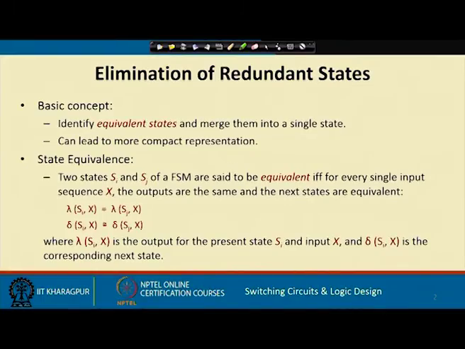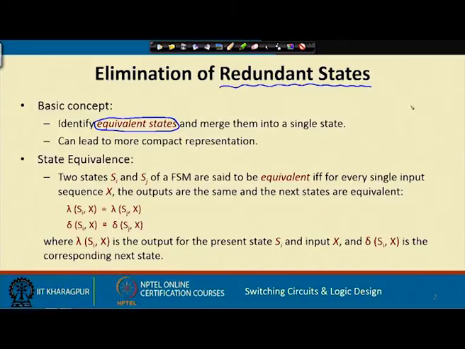Okay. So, here we are talking about the issue of elimination of redundant states. Now, the concept of elimination of redundant states is to identify something called equivalent states. So, the basic concept is we want to identify equivalent states.